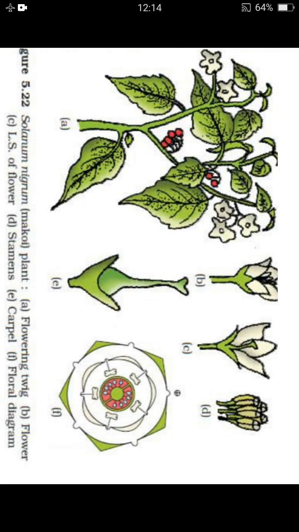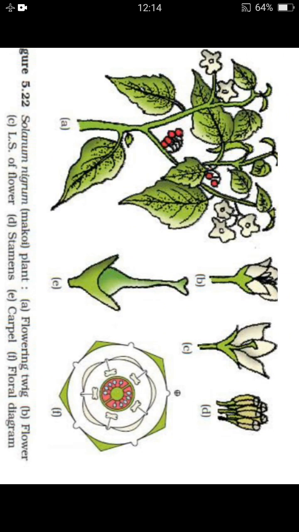Next one, Solanaceae. Solanaceae is a large family commonly called as the potato family, and it is widely distributed in tropics, subtropics, and even temperate zones also. Understood?